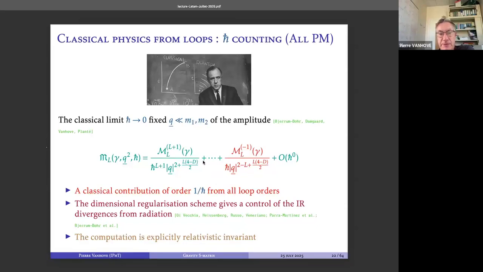But in this quantum scattering amplitude framework, these infrared divergences are treated the same way that you treat infrared divergences in quantum field theory. So if I do dim-reg, this is why I'm using dimensional regularization, then I need to keep track of this 4 minus d, which would be a way to correctly control the infrared divergences from the gravitational radiation.